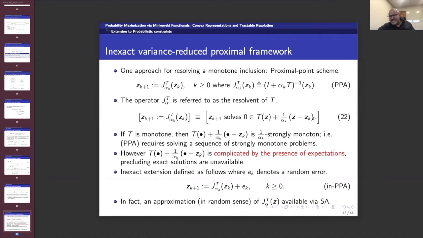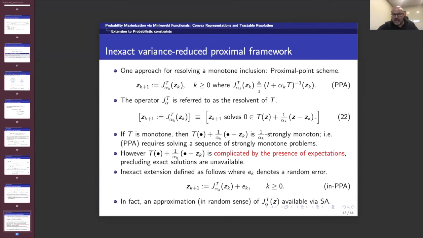Okay, and this second term adds strong monotonicity to the operator. As you can imagine, now that you have a strongly monotone inclusion problem, this resolvent problem gives you a unique solution, right? It's relatively simple to solve that. So standard deterministic monotone inclusion problems can be addressed using this proximal point framework, right?